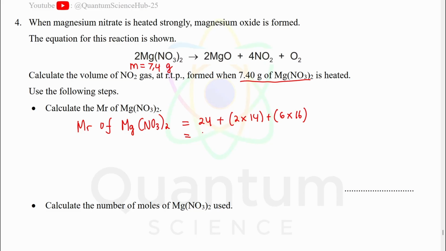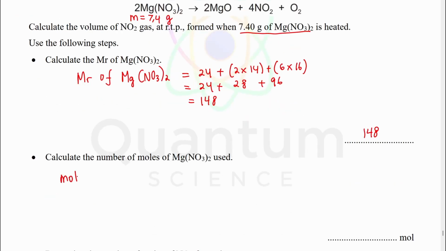So 24 plus 28 plus 96 equals 148. So the answer here is 148. Next, calculate the number of moles of Mg(NO3)2 used. Okay, mole of Mg(NO3)2 equals mass over Mr.